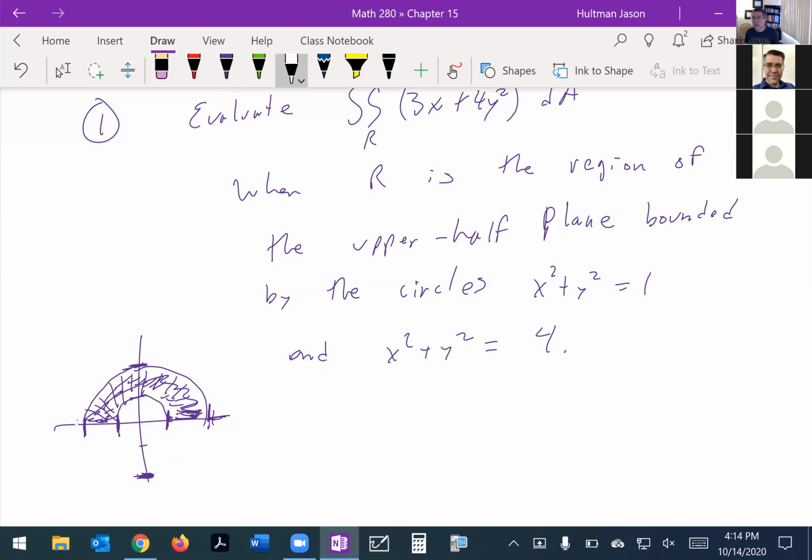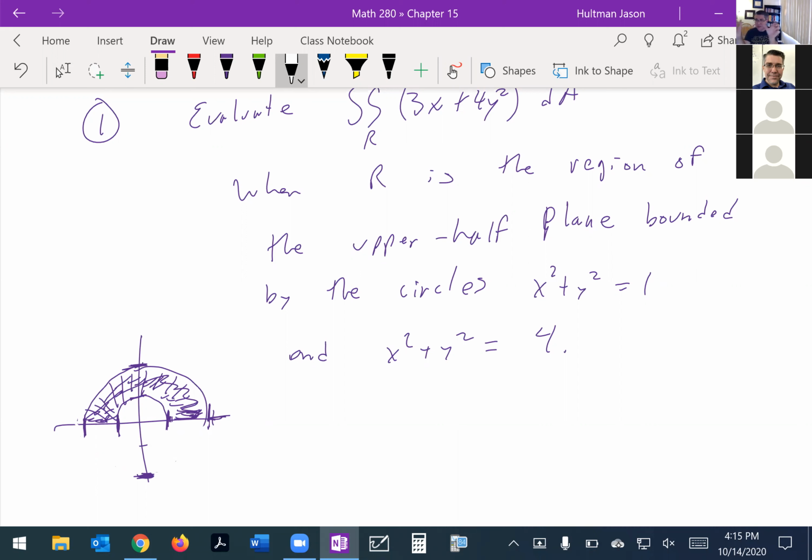Well, that makes sense that I'd want to use polar coordinates for this, right? I wouldn't want to use rectangular coordinates. The limits of integration would be a nightmare here. I'd have to have the square root of 4 minus x squared, minus the square root of 1 minus x squared.